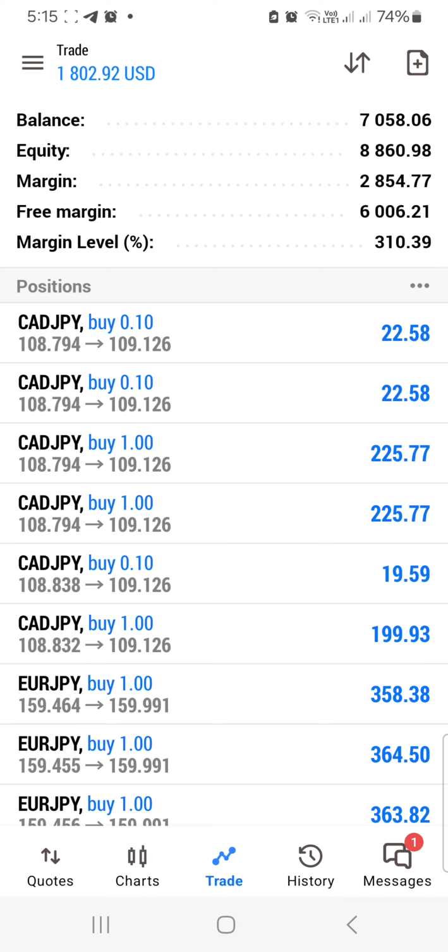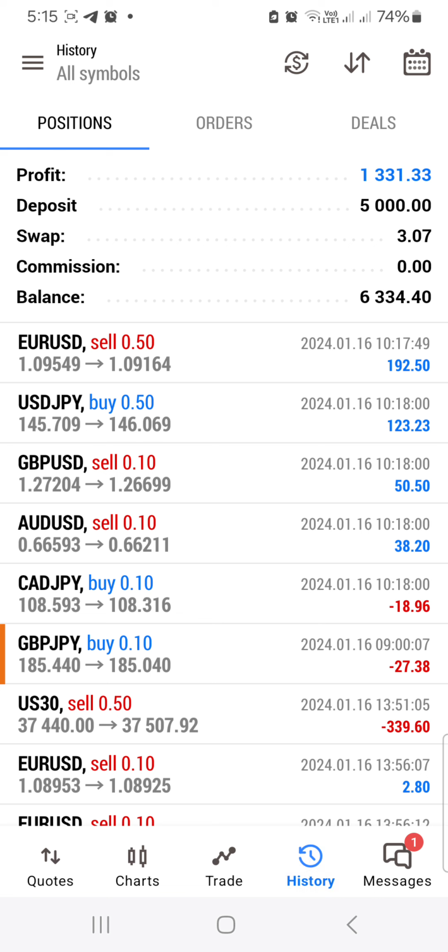Maybe if my stop loss was a little bit lower, it could have reversed. But still, I knew that I'm going to recover those losses. And you can see, I've recovered all the losses. I'm sitting at 1,300 and something.